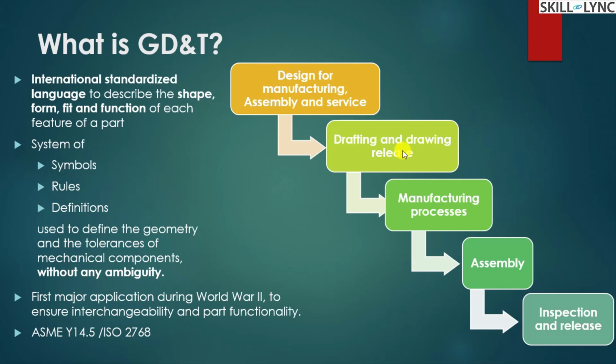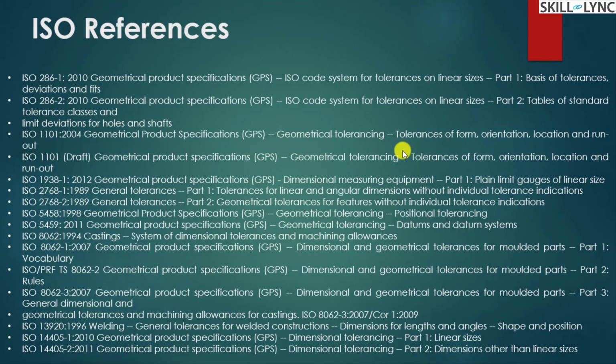So next we'll briefly look into the different standards and the sub features of the standards. Here all the ISO standards have been listed. In the earlier slide we saw 2768. In 2768 we have two different parts, wherein part 1 denotes the tolerances for linear and angular dimensions without individual tolerance indication.